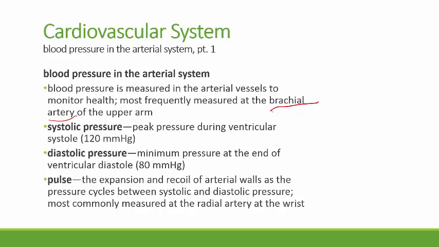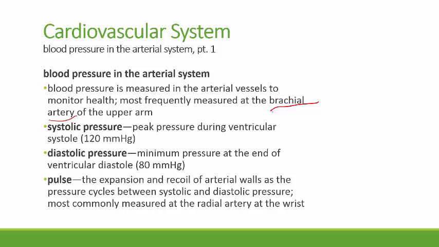And we can also track pulse. Pulse is that expansion of a blood vessel and then the recoil as it returns to its more dilated size. And we most commonly measure pulse at the radial artery in the wrist.